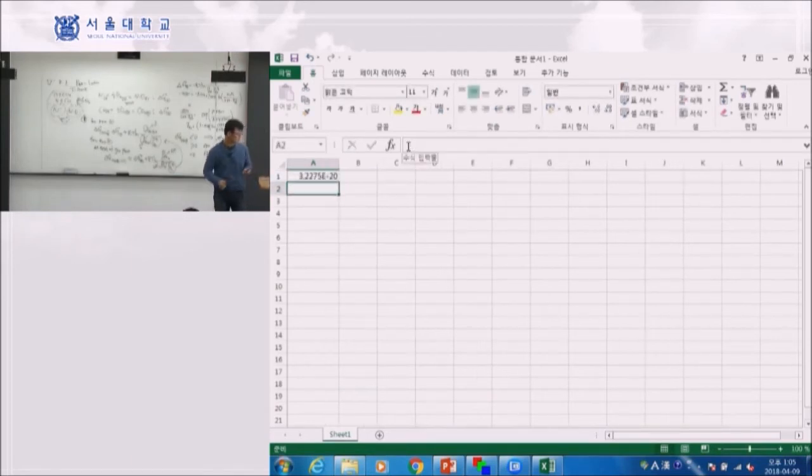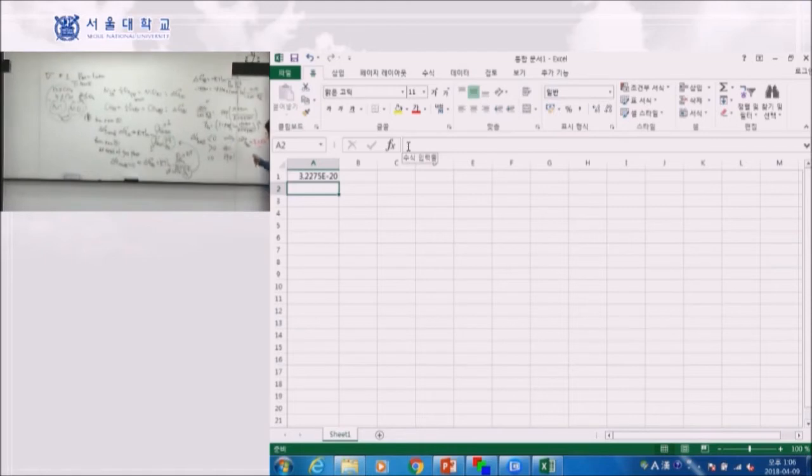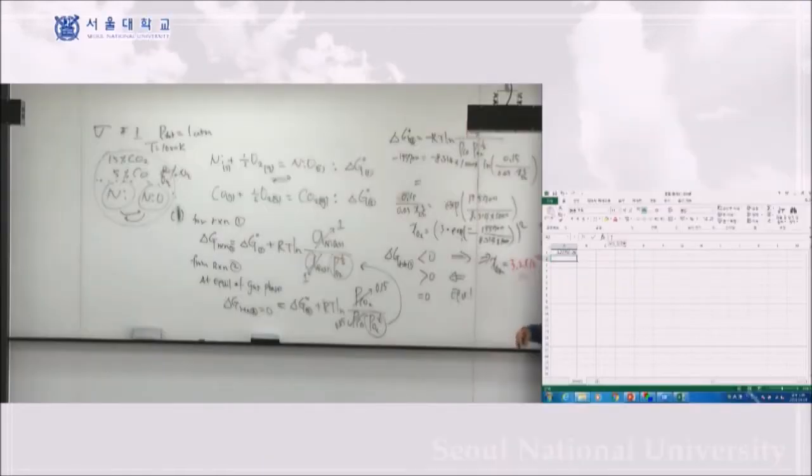So 3.2 times 10 to the minus 20, yeah? And that is the mole fraction. So if this is 1 atm, the partial pressure of oxygen is this value. So it's very, very, very small. That's why even though it is generated here, it doesn't change anything for this CO and CO2. Is it okay?